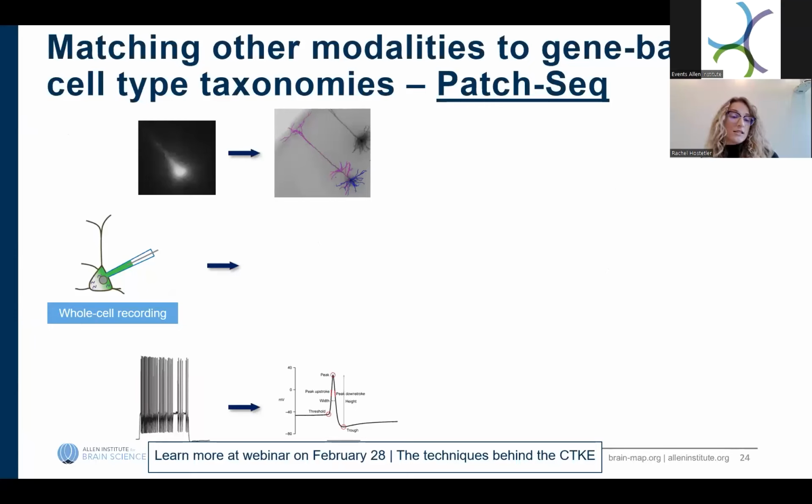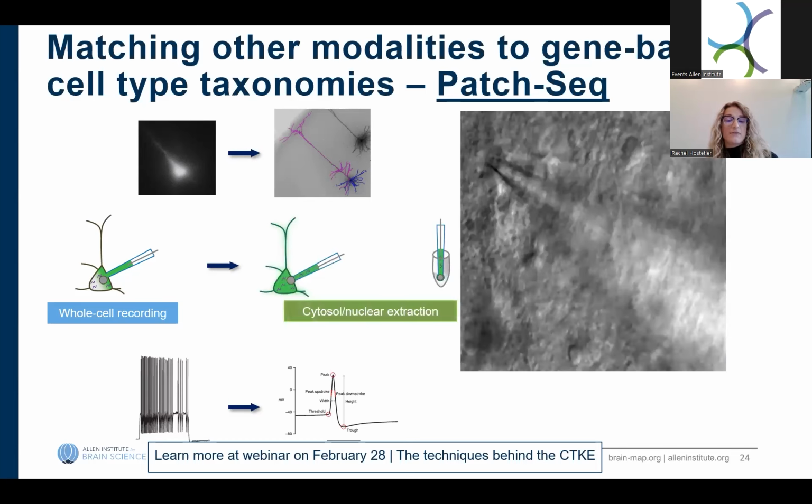And so patch-seq is a technique where you can do whole cell recordings to measure and record the firing pattern of different cells, and fill the cell with biocytin so that you can reconstruct it for morphological analysis. But then after this process, you can also extract the nucleus and analyze it with single-cell RNA sequencing.